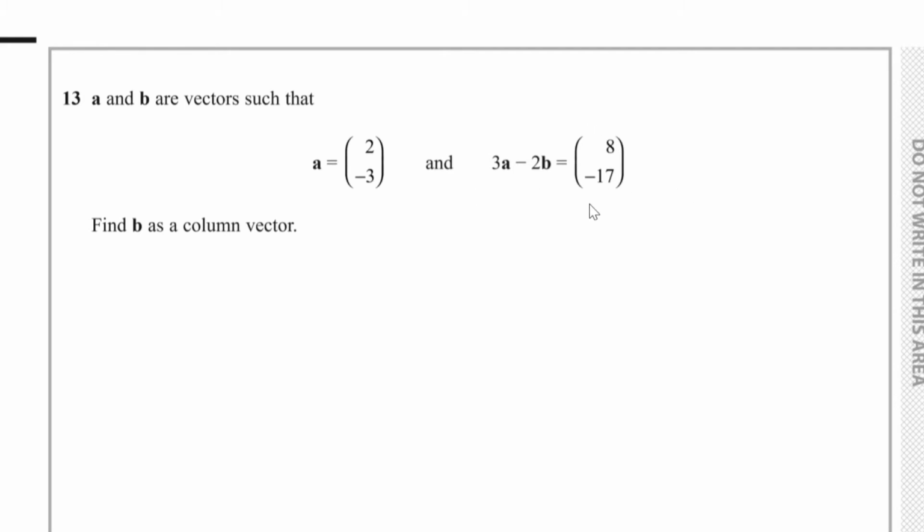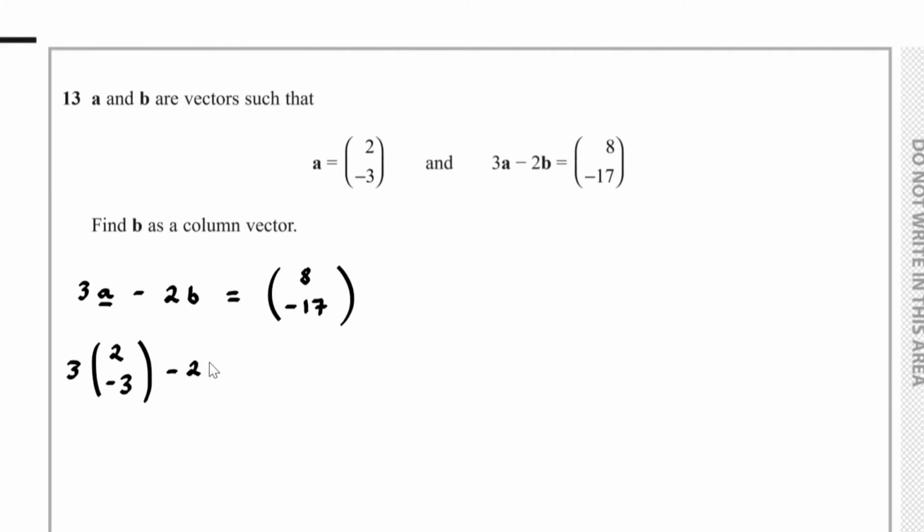Well, let's write out the calculation 3A subtract 2B, which is equal to (8, -17). 3A, well, I've got 3 multiplied by (2, -3), subtract 2B, that's equal to (8, -17).